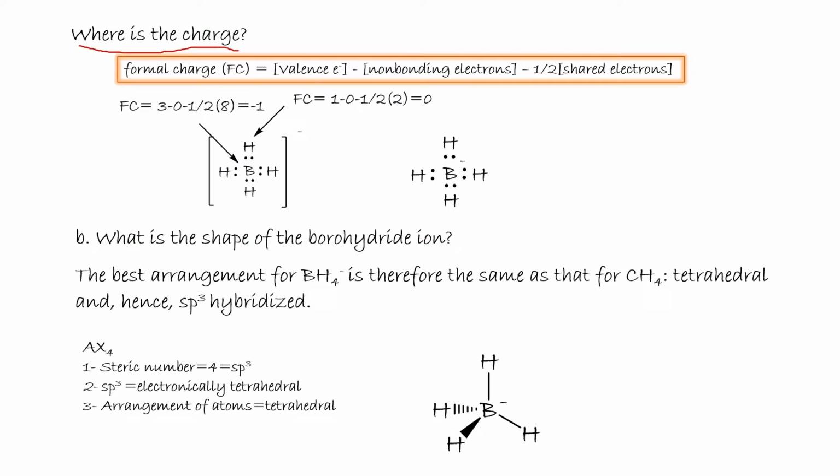Where is the charge? Recall, formal charge equals valence electrons minus non-bonding electrons minus half the shared electrons.